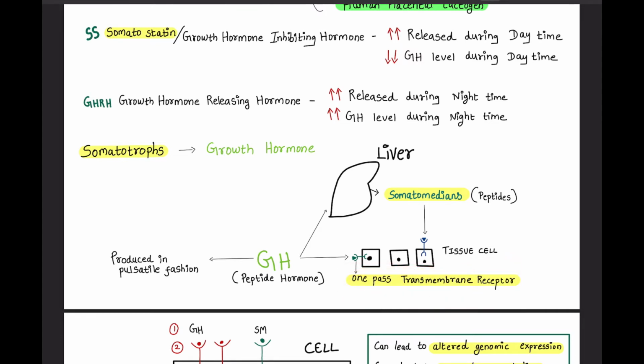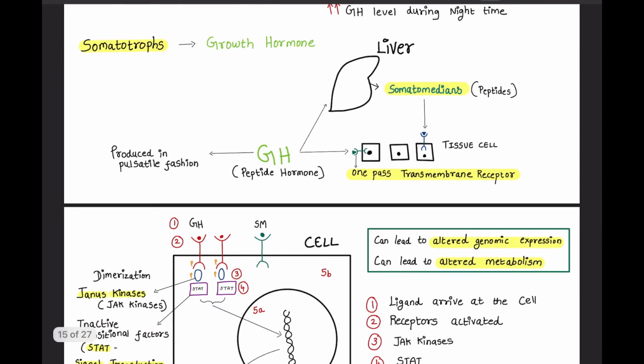There are also 7 pass transmembrane receptors, but here in growth hormone we will see only this one pass transmembrane receptor. Same it goes to somatomedins from the liver, because this growth hormone goes to the liver and forms somatomedins, and these somatomedins act on the tissue cell through the one pass transmembrane receptor.